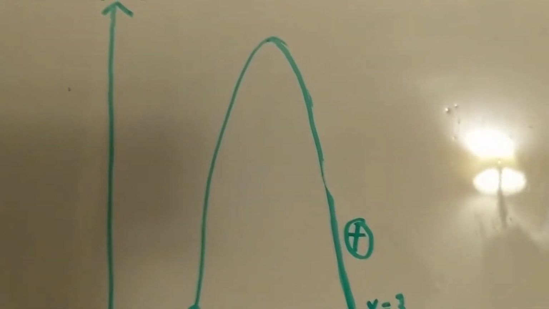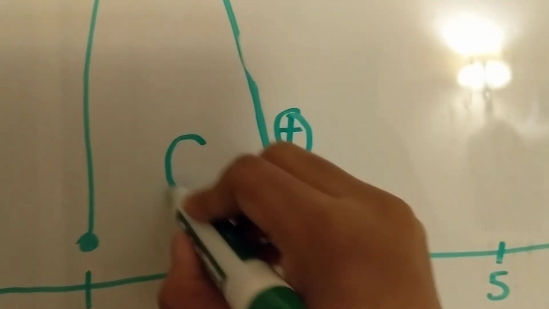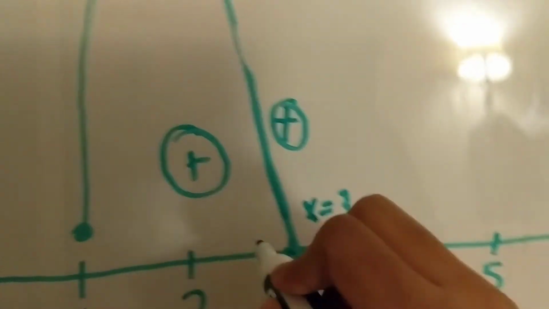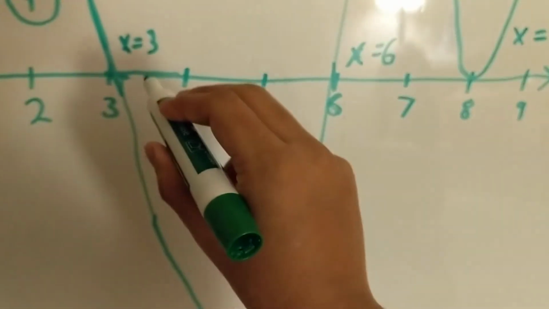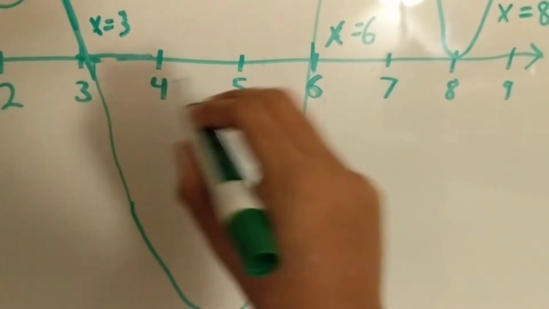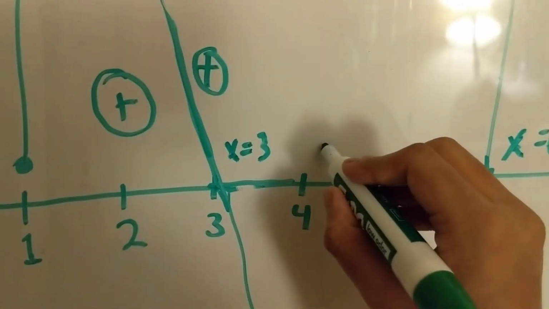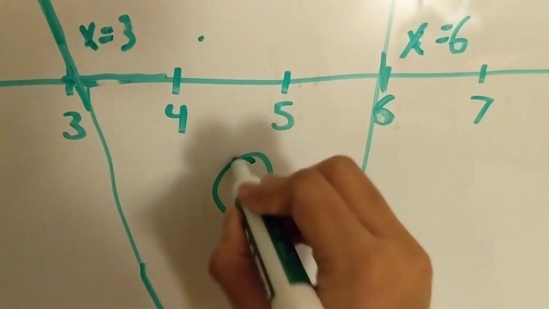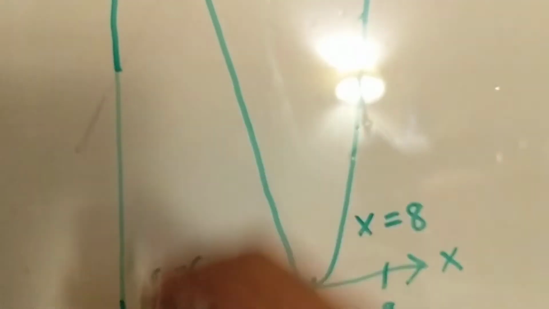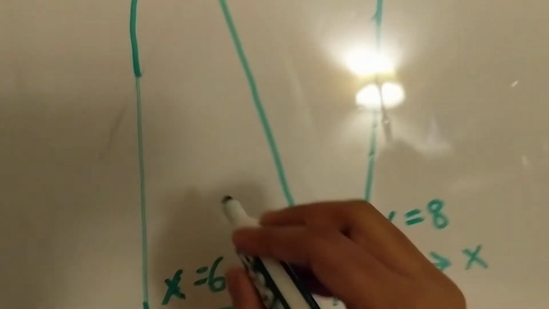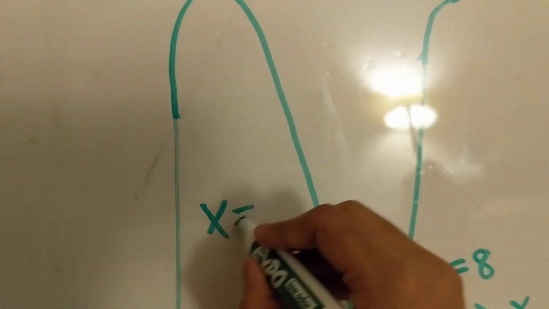Some people might even make a sign chart. And basically what that is, where's the derivative positive? You'll notice it's positive from x equals 1 to x equals 3. And it goes negative from x equals 3 to x equals 6. So from here to here, it is negative. I'll erase this little dot here. And from here, we're going to get that it is positive as well.